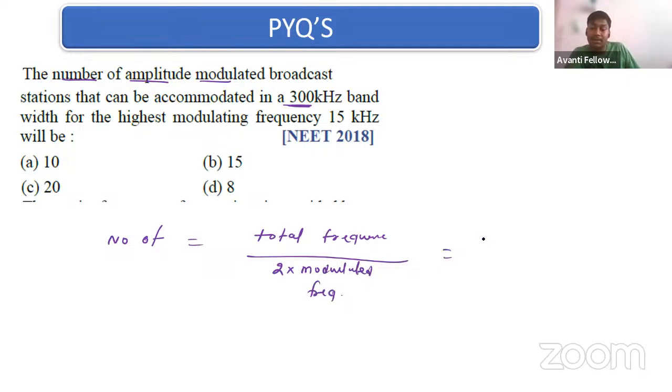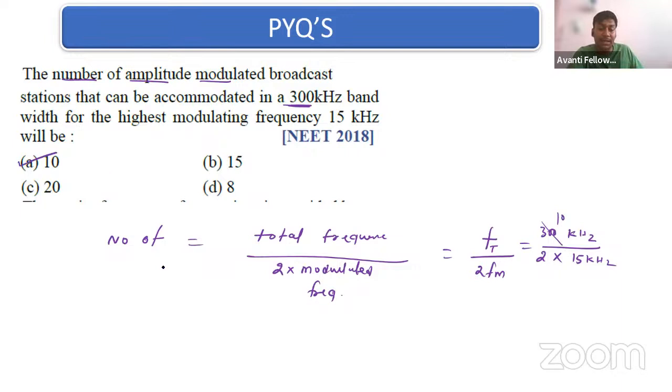I can also write this as the total F, Ft, and this will be twice the modulated frequency. And here the total F is equal to 300 kilohertz, and twice multiplied by this is equal to 15 kilohertz. Then if I take 15 to 30, the answer will be 10.